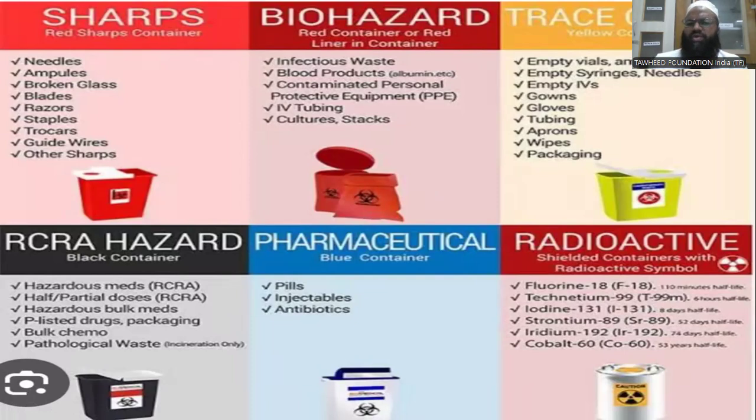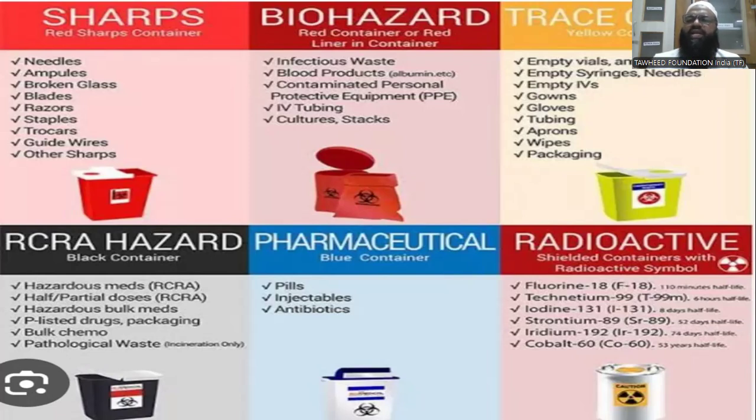And coming to biohazard, a red container or red liner in container, infectious waste and blood products, contaminated personal protective equipment, and IV tubings, cultures, stocks, and all can be put in a red container or red liner in container. So we need to check before putting this waste.